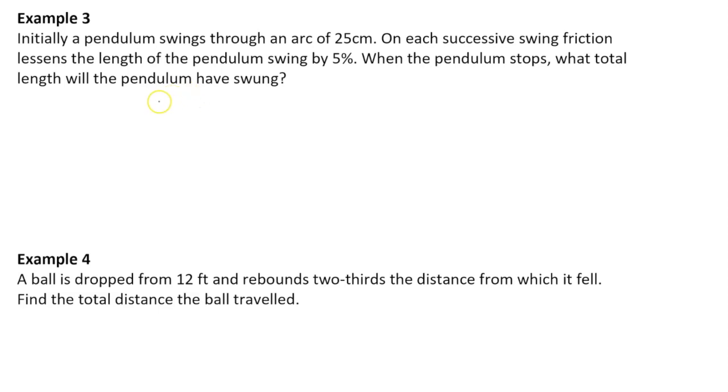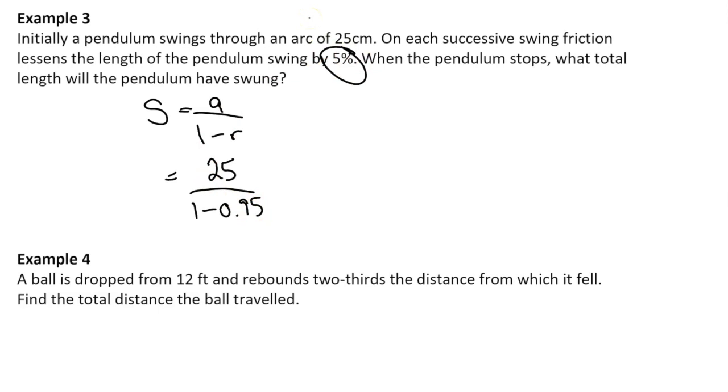And so you could say, well, I guess that's a way of saying that it's going to swing forever. It's going to keep going back and forth. There's no set number of terms there. There's an infinite number of terms. But we could say that our first swing is 25 centimeters, and then our common ratio is going to be 95%, 5% less than 100%.